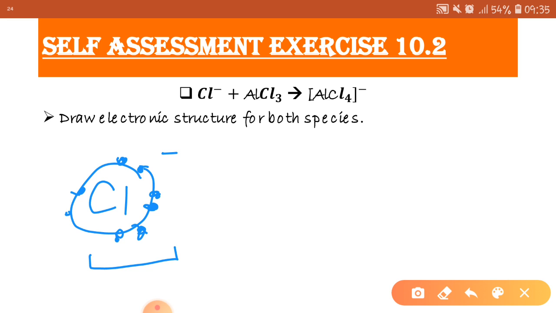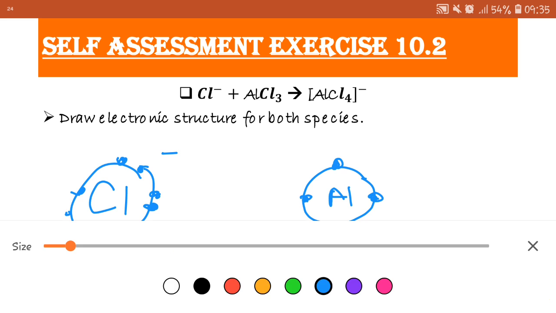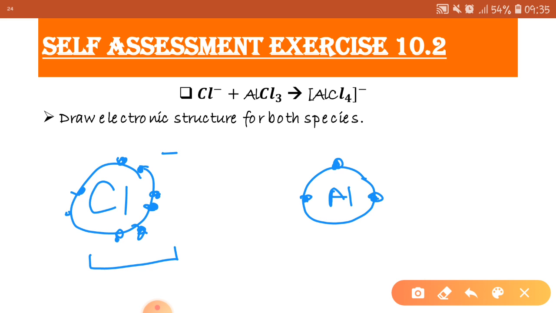Now we will draw the electronic structure for aluminium trichloride. You know that there are 3 valence electrons in the outer shell of the aluminium atom. So the aluminium atom is using its 3 electrons to share with chlorine.